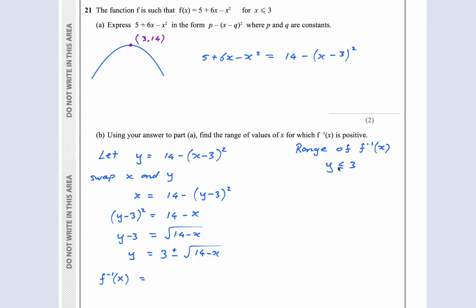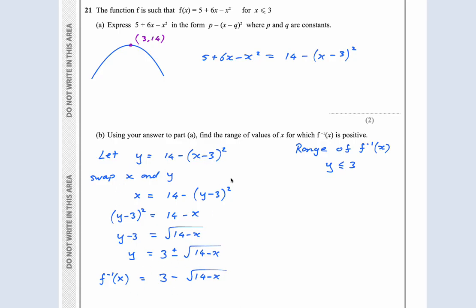Now if y is less than or equal to 3, this thing has to be 3 minus root 14 minus x, because if I plussed it, it would be bigger than 3, which is not allowed. Okay, so that's the first confusing thing, but we're not done.